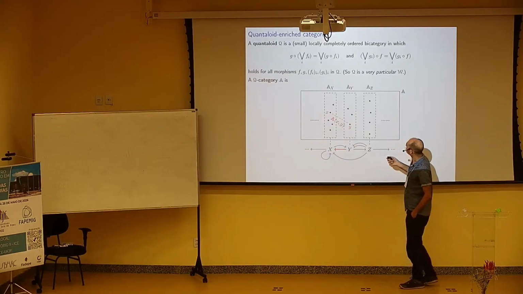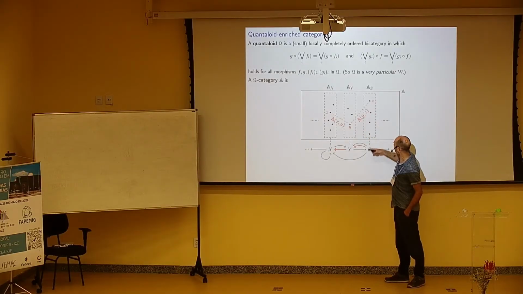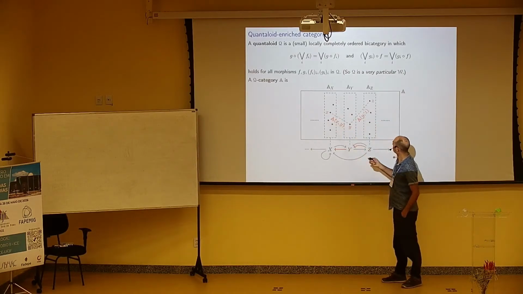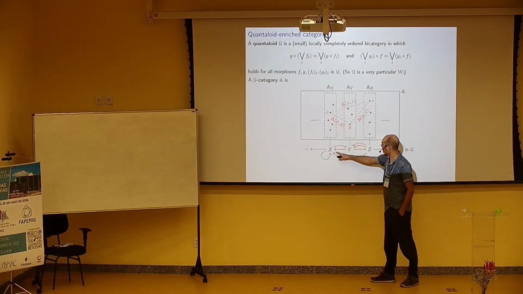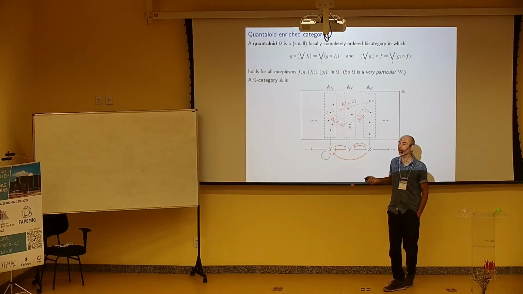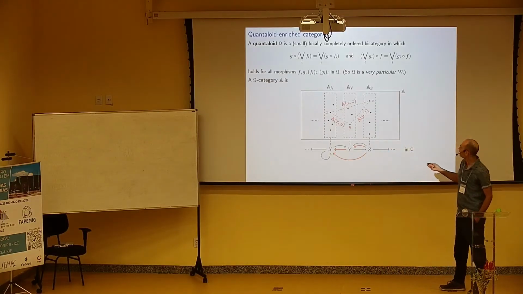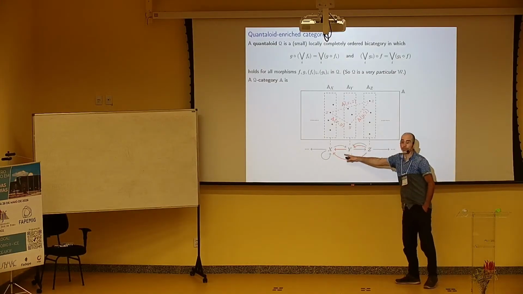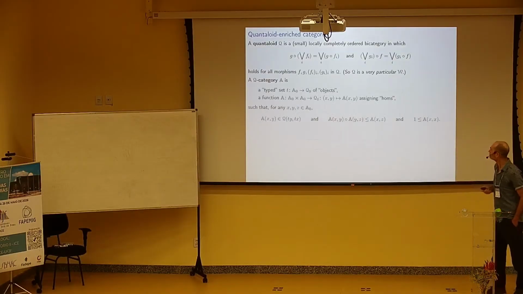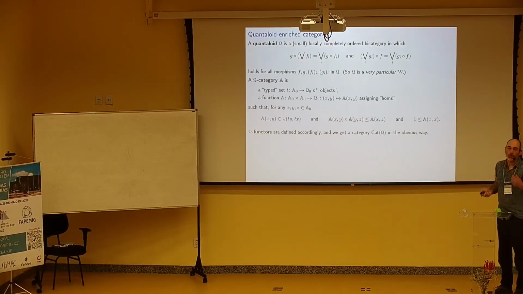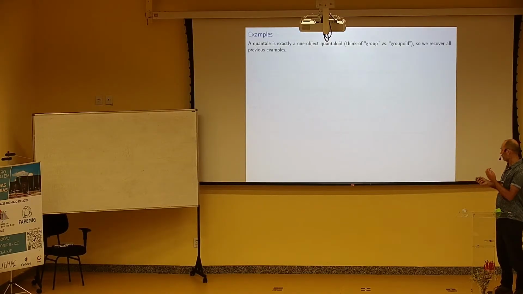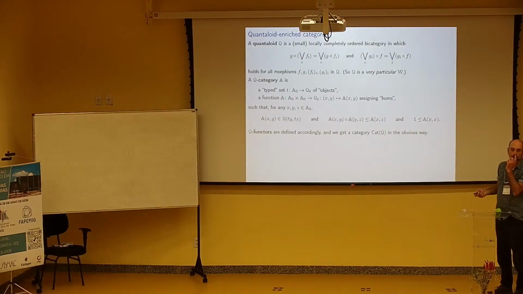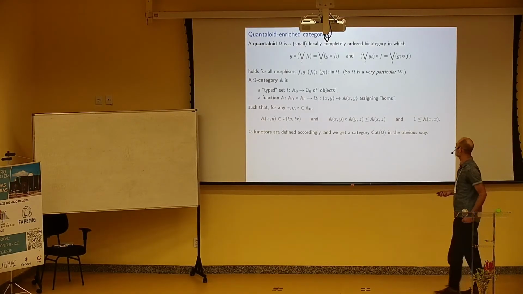So if I take two other objects, their HOM must be an arrow between the right types. And the triangular inequality is happening in Q. It's not in the category, it's in the base, in the logic, if you wish. Okay? There are Q-functors, which you can easily write down in the same way. And there is a category CatQ, which has Q-categories and functors.